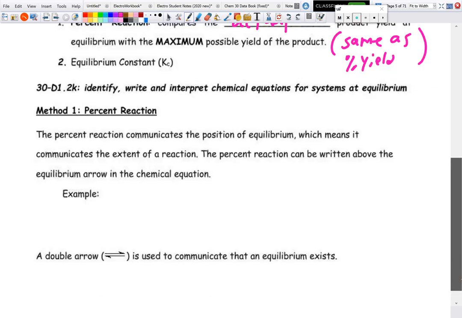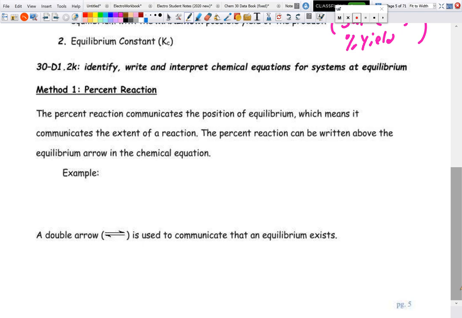So let's look at our percent reaction. It communicates the position of equilibrium, meaning how much product is being formed, which means it communicates the extent of the reaction. The percent reaction can be written above the arrow in a chemical reaction.